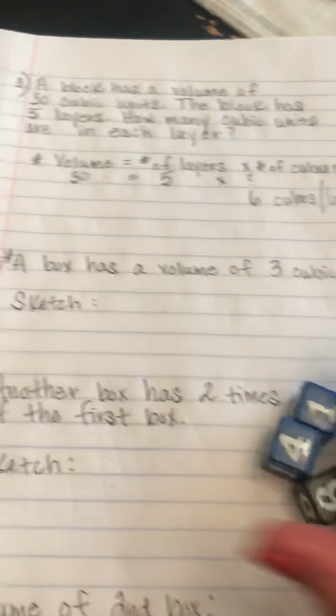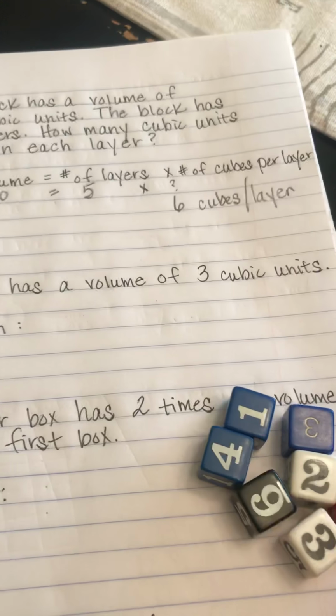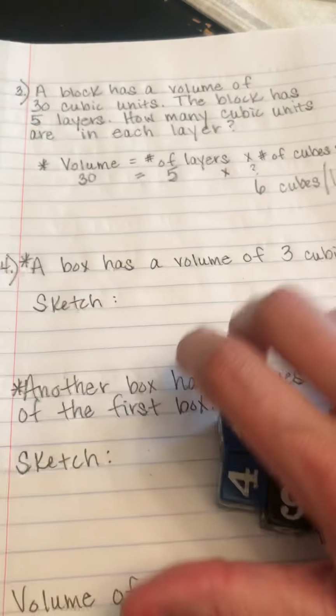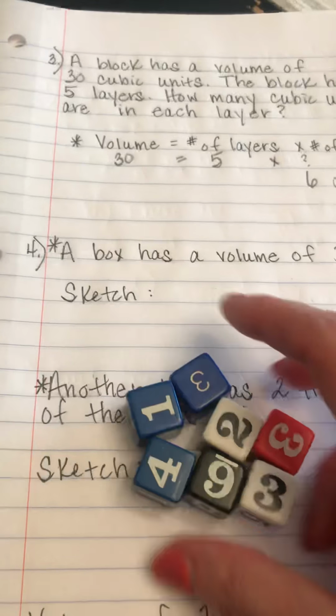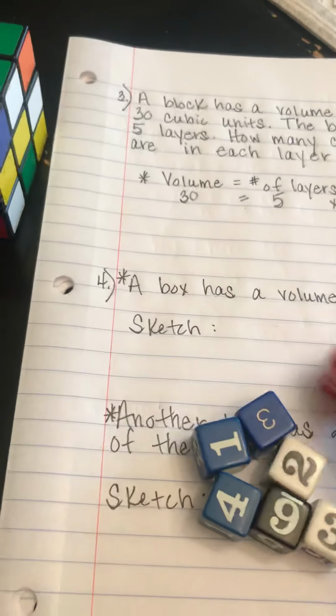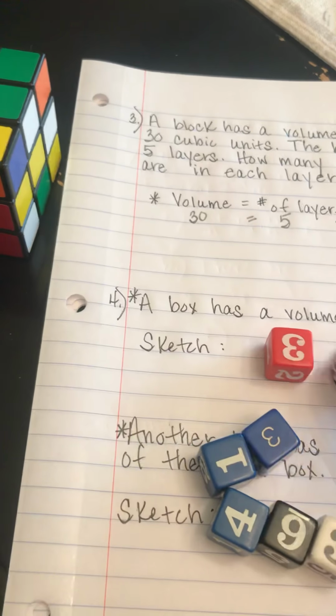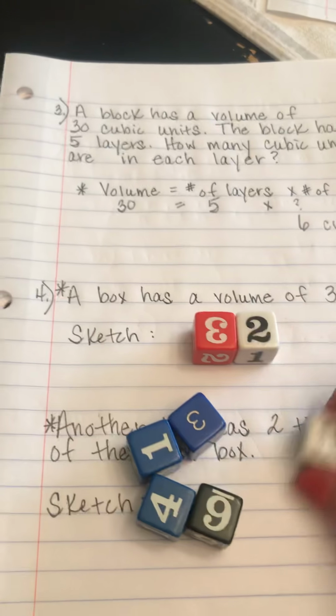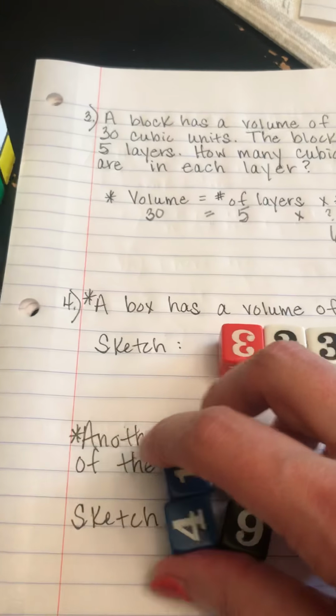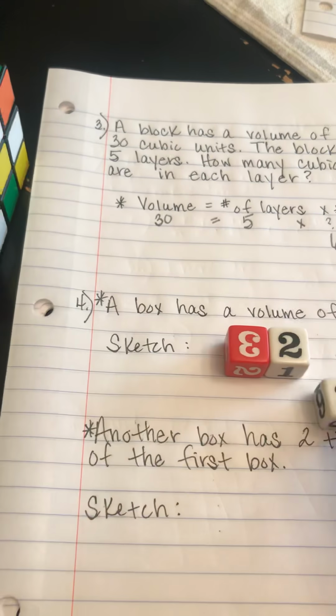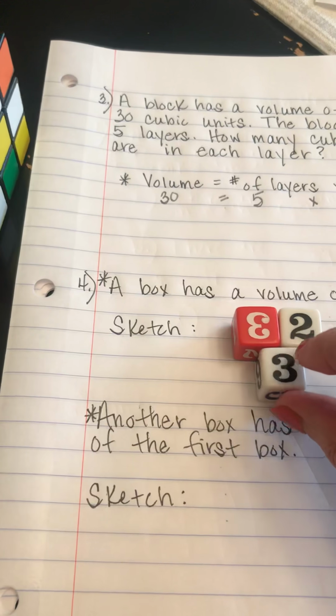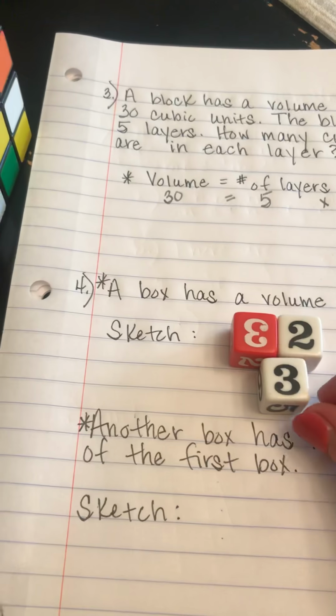So we have some cubes, and it's saying it's a volume of 3. So we want to do a little sketch. I'm just going to use actual cubes here. So 1, 2, 3. Now, when you do these, you couldn't do something like this. That's not filling a box. That's a different kind of shape.